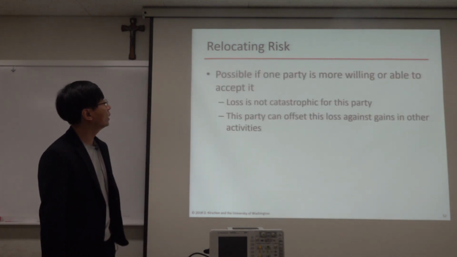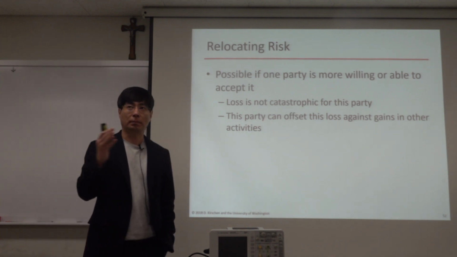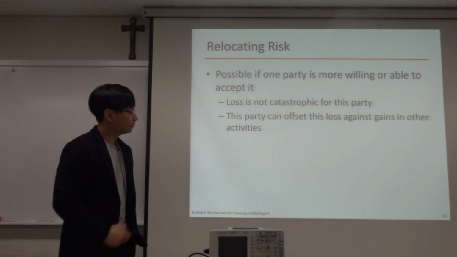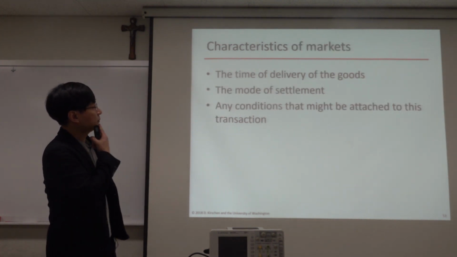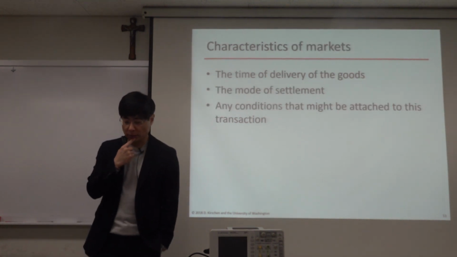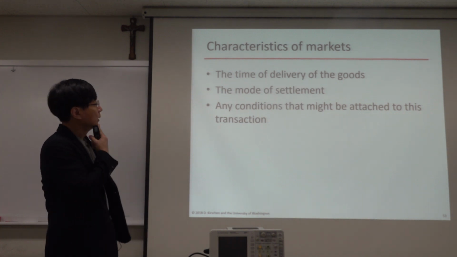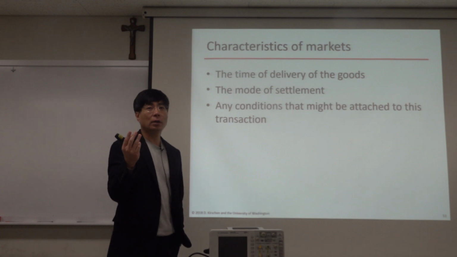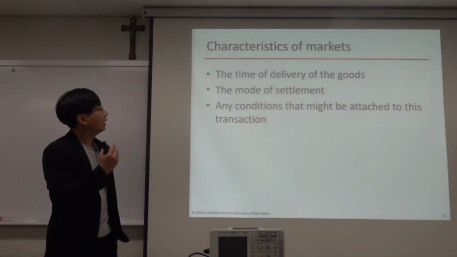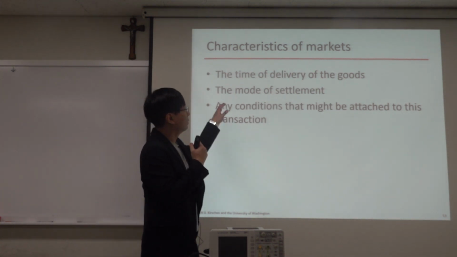So that's why we have different types of market to handle this risk. So let's think about the characteristics of market. We have goods and the time of delivery of the goods and the mode of settlement.